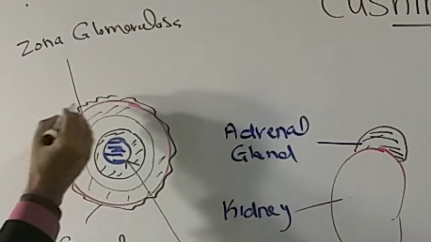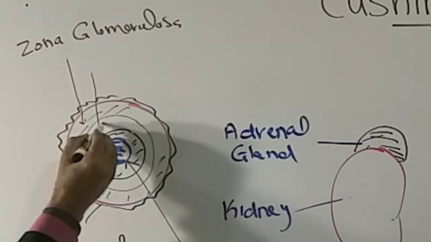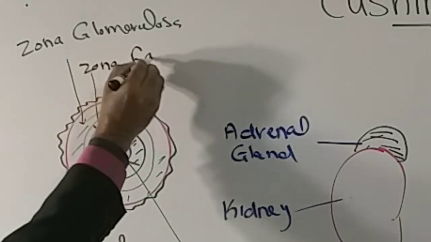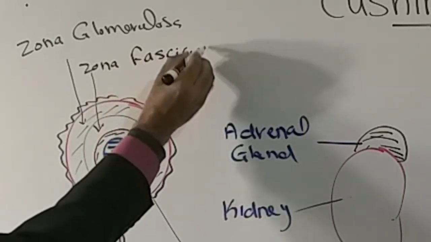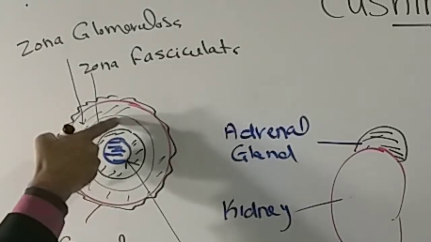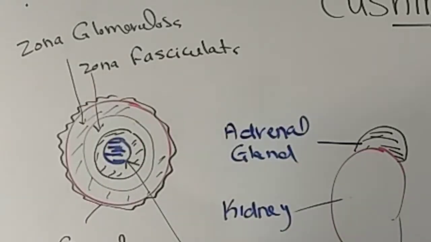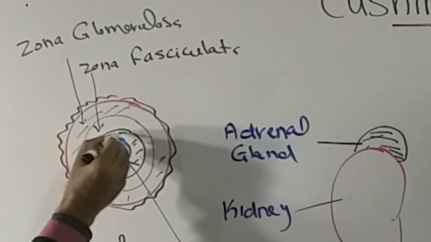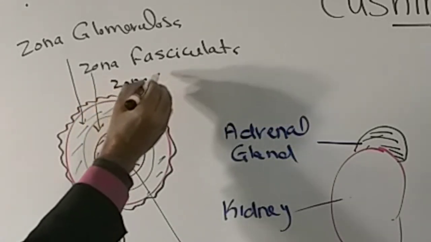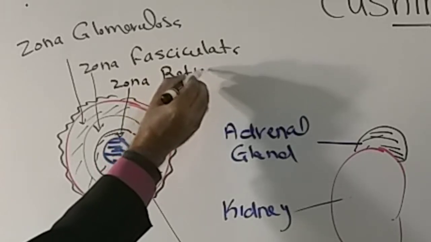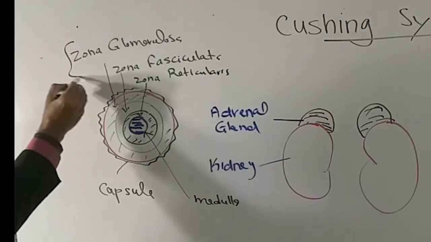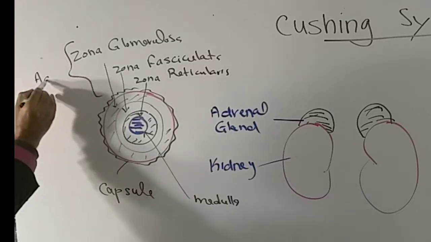The middle one is known as zona fasciculata. And the innermost is known as the zona reticularis. All of these three are part of the adrenal cortex.